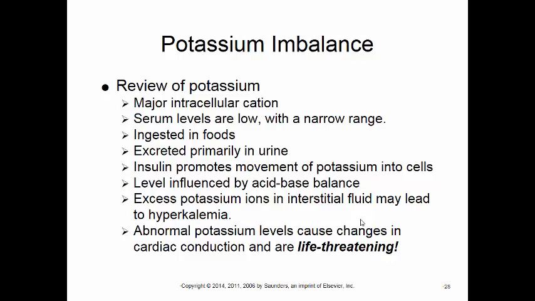Excess potassium ions in the interstitial fluids cause hyperkalemia, where we have too much. Hyper means above normal. Abnormal potassium levels are life-threatening because they can affect cardiac conduction and the beating of the atria and ventricles.